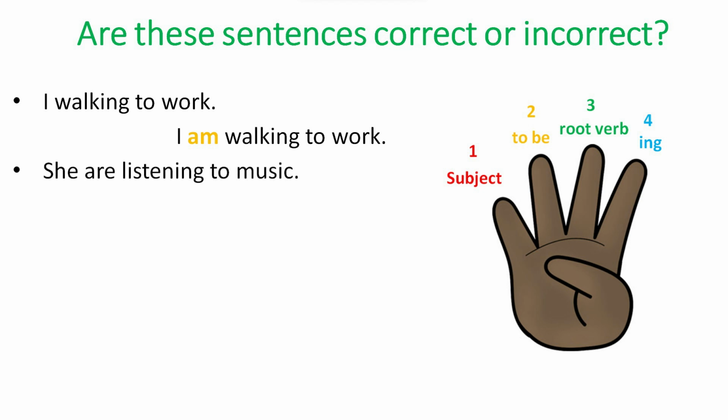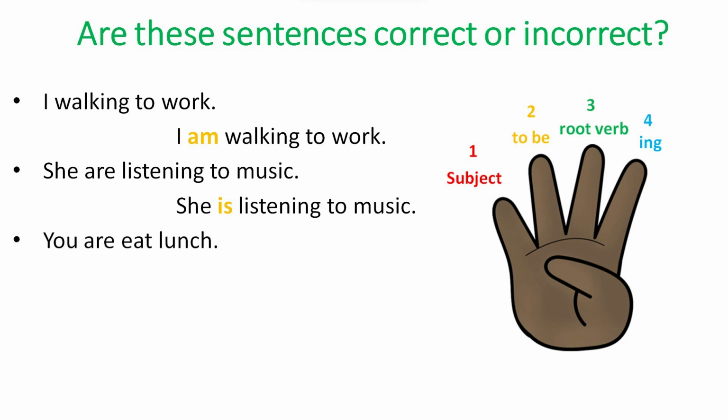She are listening to music. What do you think? We have a subject, she. We have a verb to be, are. We have a root verb, listen. And we have ing. But is the verb to be correct? No, it should be she is listening to music.